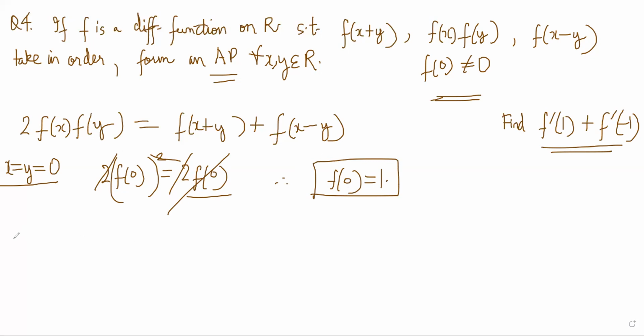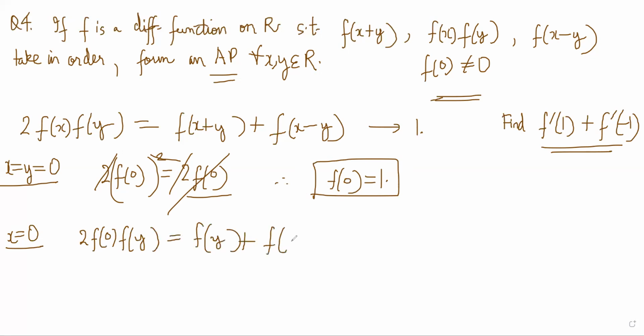Now, if I put just x as 0 in this first equation, you'll get 2 f of 0 f of y is equal to f of y plus f of minus y. Now 2 f of 0 is 2, because f of 0 is 1, so 2 f of y is equal to f of y plus f of minus y.